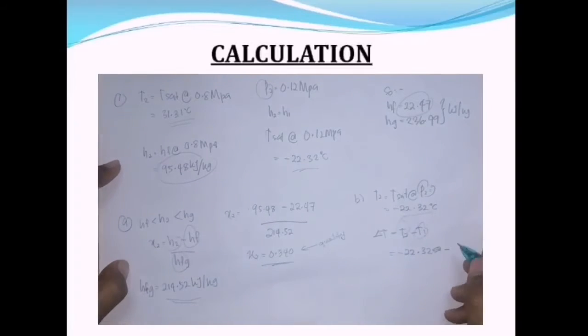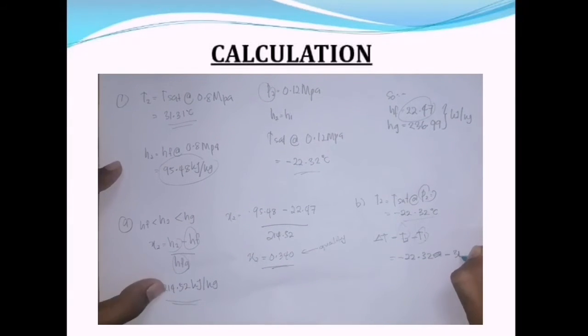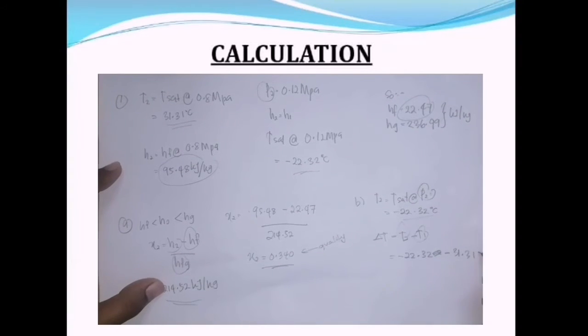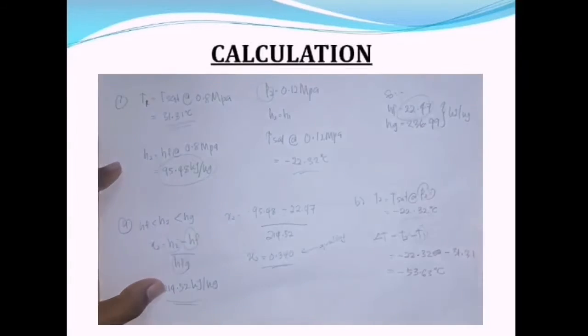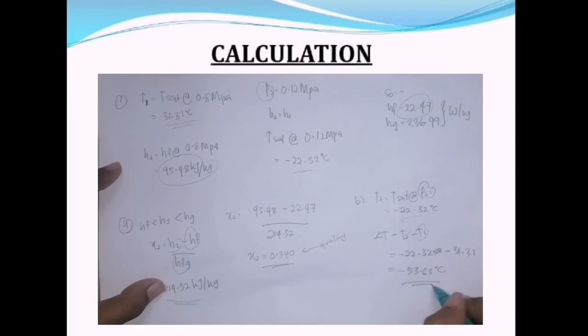So T1 is 31.31 degrees Celsius. Then we got the answer, that is negative 53.63 degrees Celsius. So this is the answer for the temperature drop.